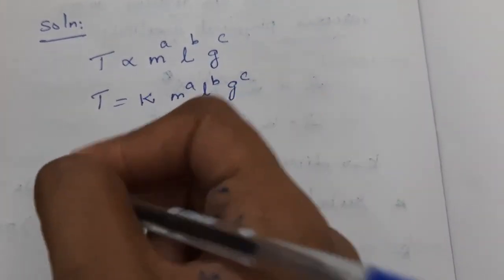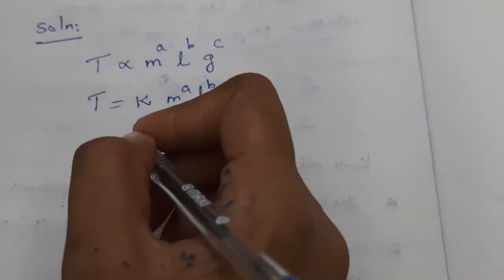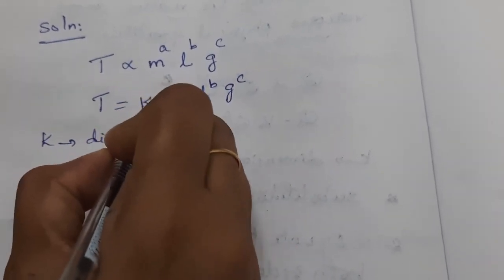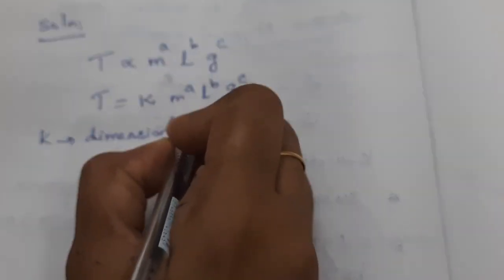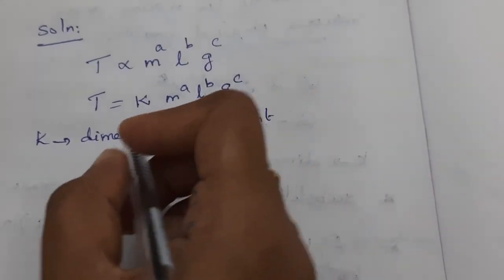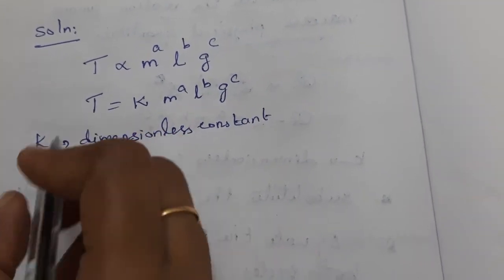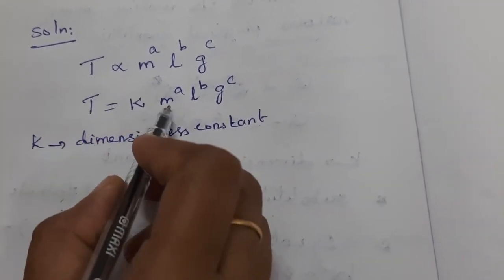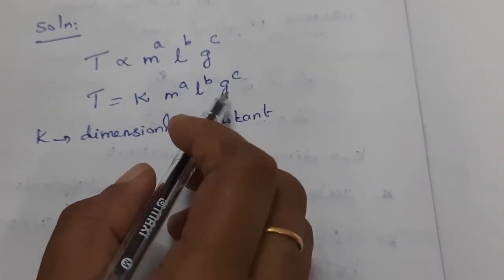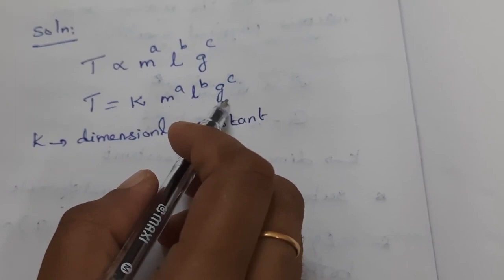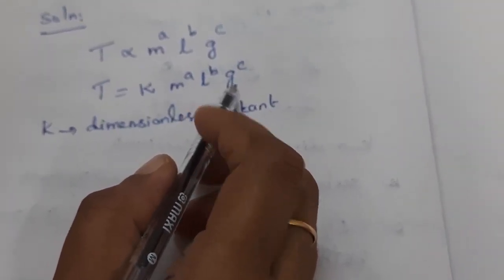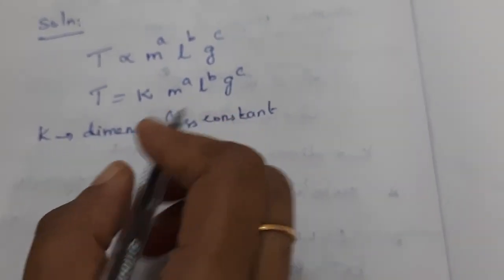Next step, we have to apply the dimensional formula for all these quantities. k is a dimensionless constant. Dimensional formula for T is T, for m is M, for length is L, and for acceleration due to gravity is L T raised to minus 2. So substitute the dimensional formula in this equation.